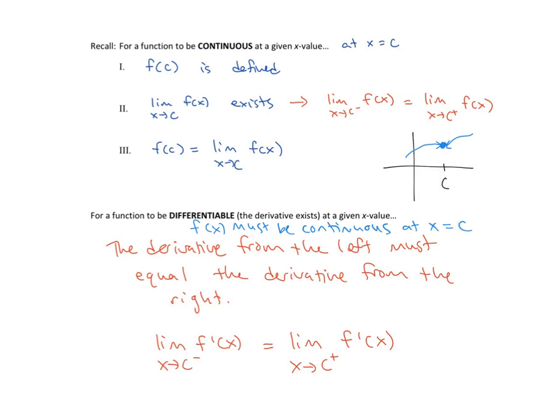And the derivative from the left must equal the derivative from the right. So in limit notation, the limit as x approaches c from the left of f prime of x must equal the limit as x approaches c from the right of f prime of x.